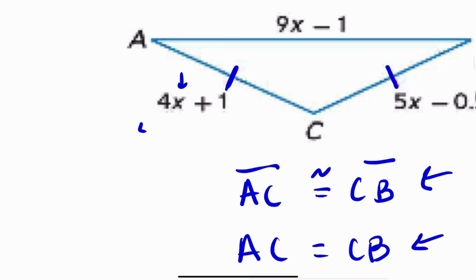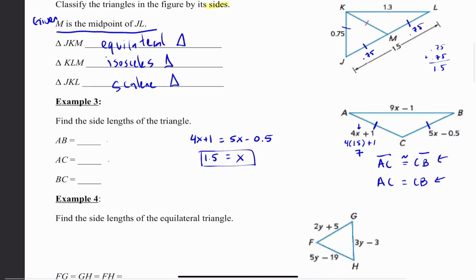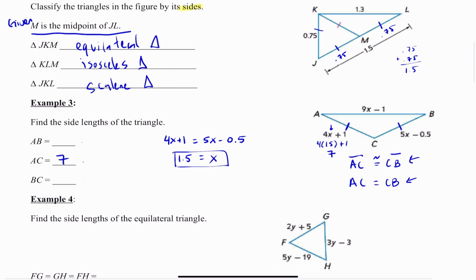So I have 4 times 1.5 plus 1, so that should give me 7. Okay, so we know that AC is 7, and notice that this segment and this segment are congruent. So this also has to be 7. So BC is also 7, okay?